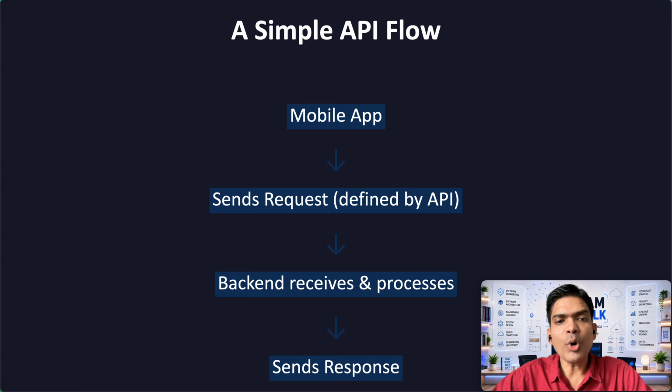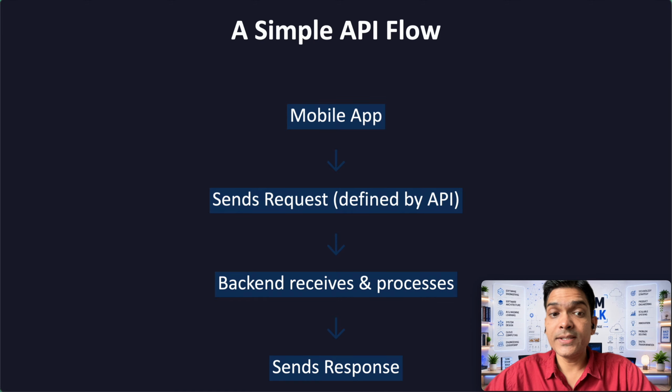So, the important idea here is that the API acts as a contract between the application and the service. The implementation behind the API can change while the contract can remain stable.